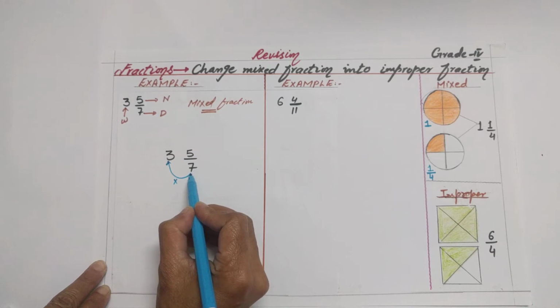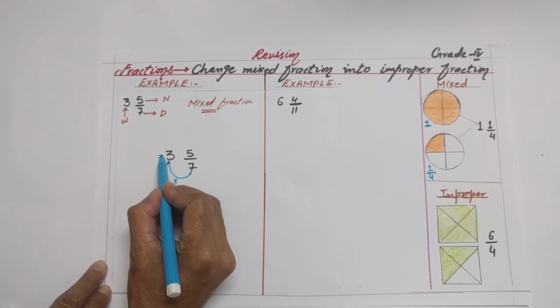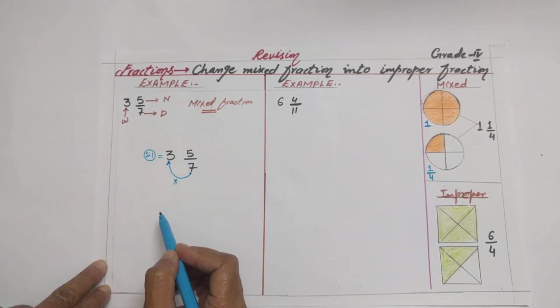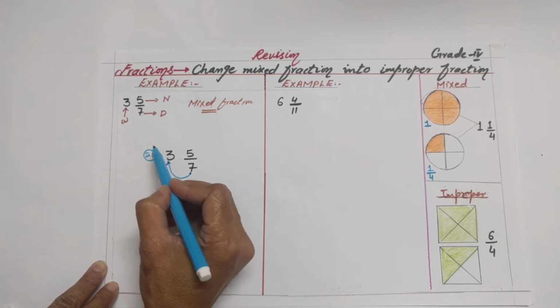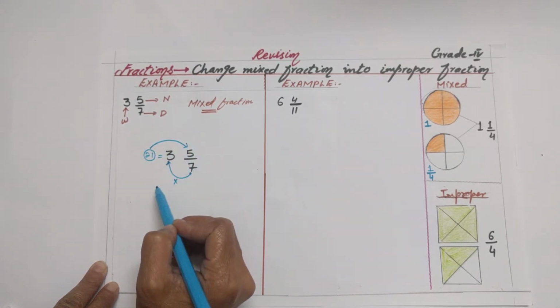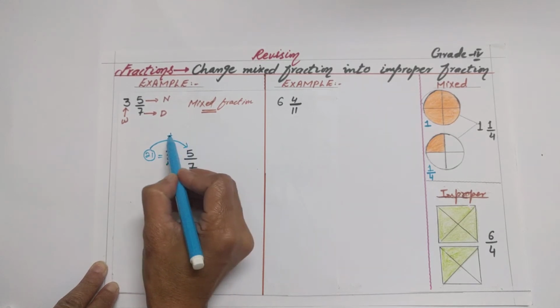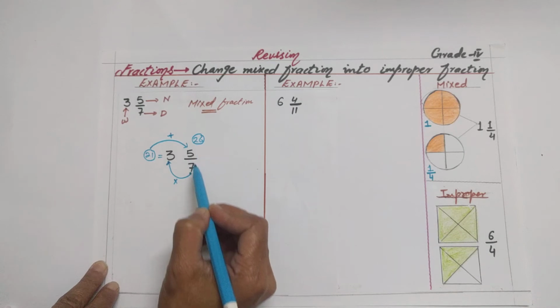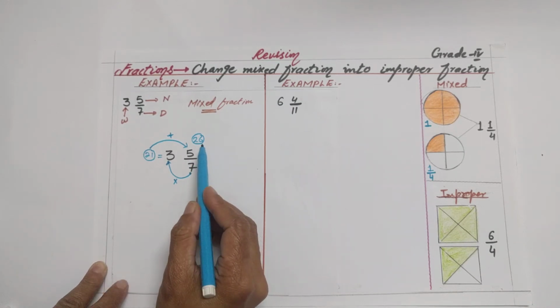This 7 is the denominator, so we will multiply this denominator by this whole. 7 3s are 21, and then we will add this to the numerator of the proper fraction. 21 plus 5 is equal to 26. So the answer is 26. Our new numerator is 26.